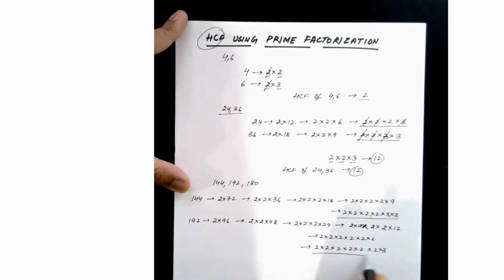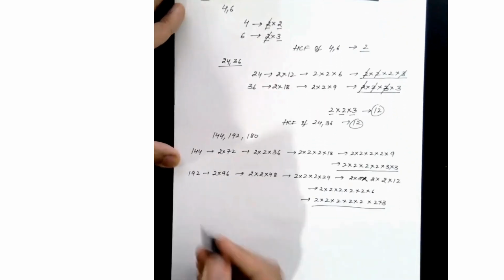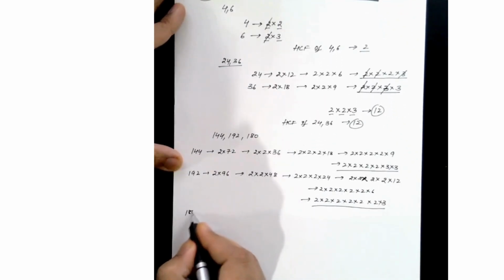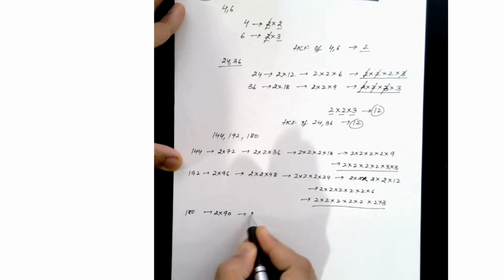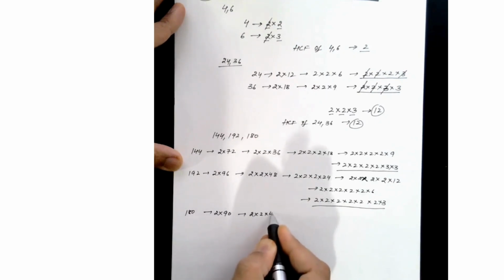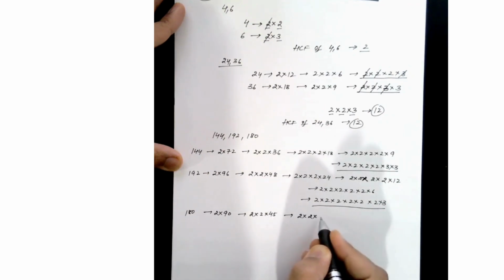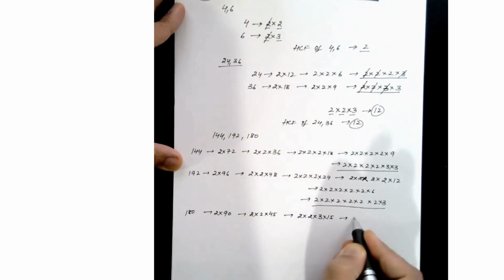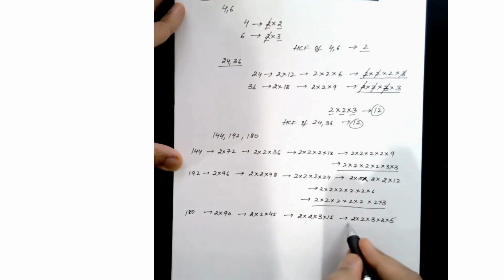So these are the factors of 192. When we have 180, we can write it as 2 into 90, or 2 into 2 into 45, or 2 into 2 into 3 into 15, or 2 into 2 into 3 into 3 into 5.